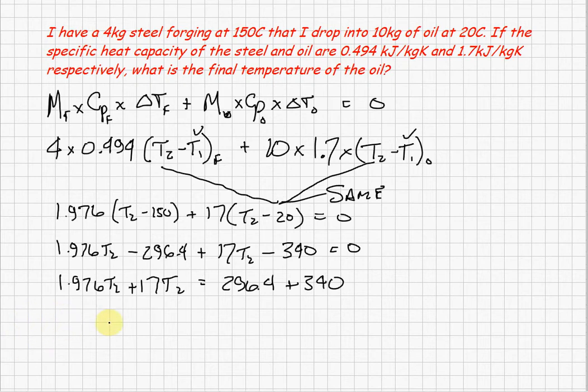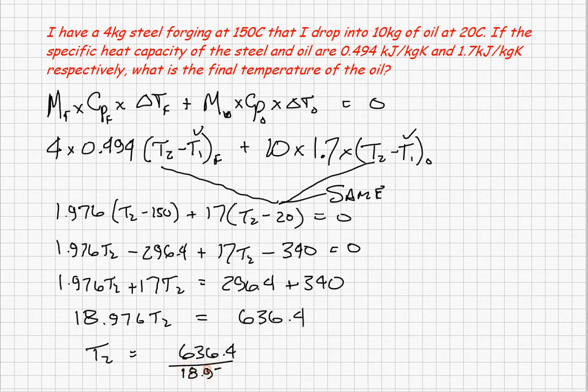If I combine these together, I get 18.976 T2 equals 636.4, or T2 is equal to 636.4 divided by 18.976, or T2 is equal to 33.6 degrees C.